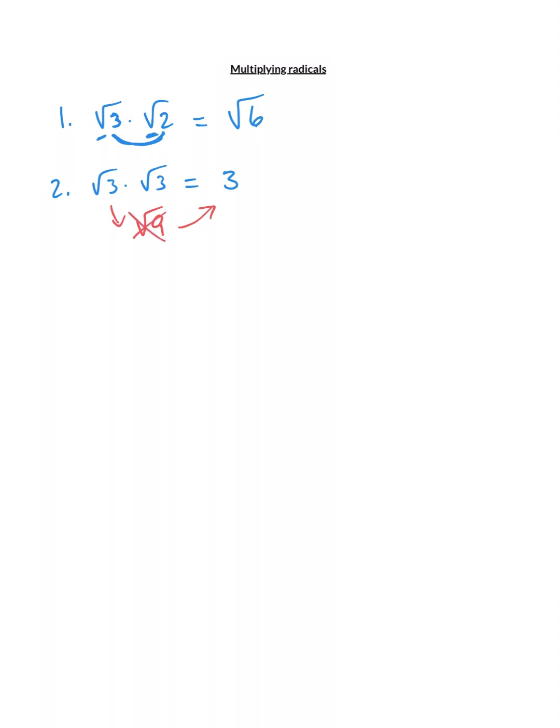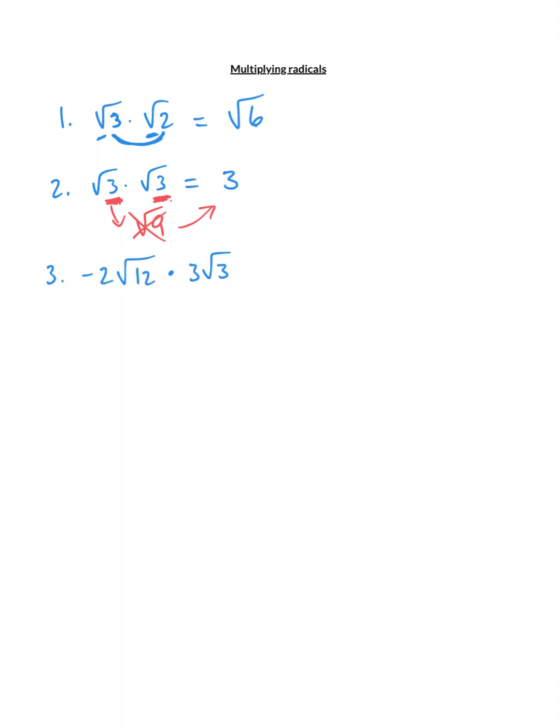If you see that you have the exact same thing under your radical, then you have that thing squared. And so your square root and square will cancel. So you're always just left with whatever is under the radical if you have the same thing. This will help a lot when the numbers are bigger, and so you'll just create a lot less work for yourself.